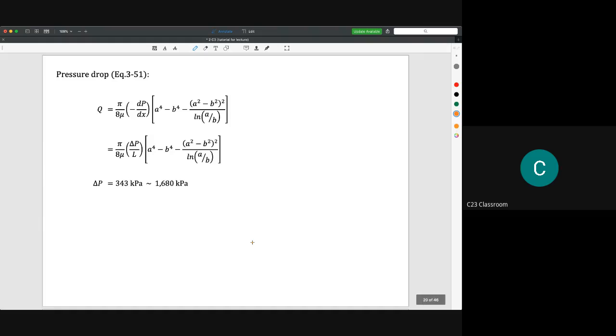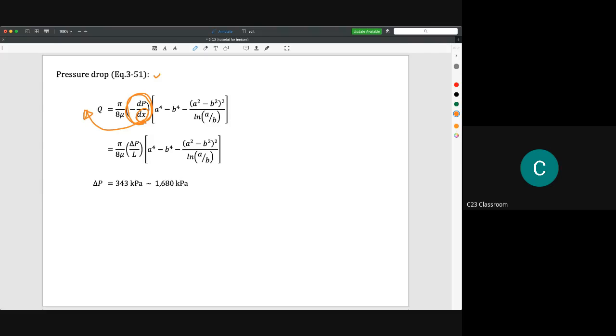So this is the equation from the textbook, 3.51. So we have this one, and then again we could simplify this equation, for sure we have dp over dx here. Previously in many situations when we have dp dx, we need to bring the dx to the left hand side, and then integrate to get the final equation.